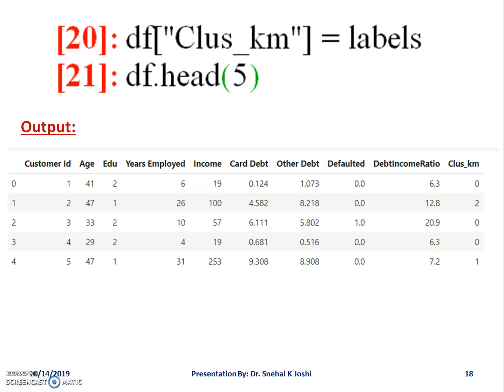Now, we will insert this label attribute in the data set. We assign the value of labels to the attribute Clus_km, which will be part of the data frame as shown in line 20. And finally, we check the first 5 records of the data frame using the df.head function.